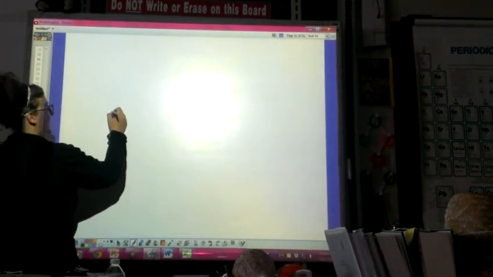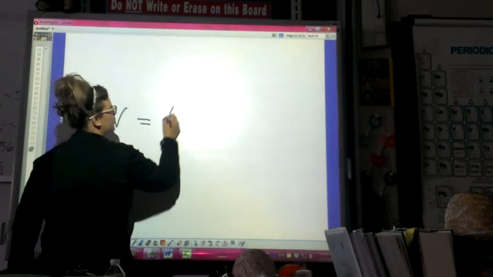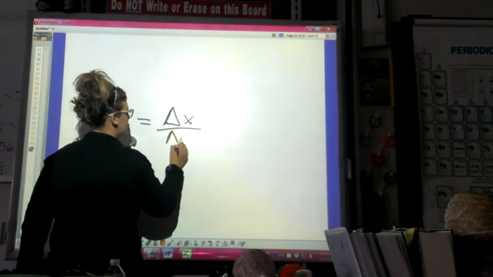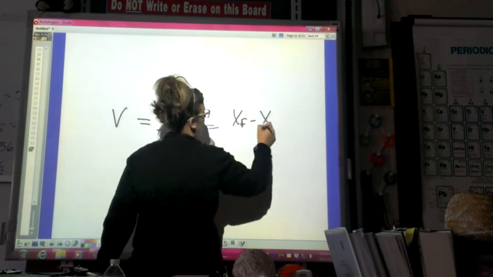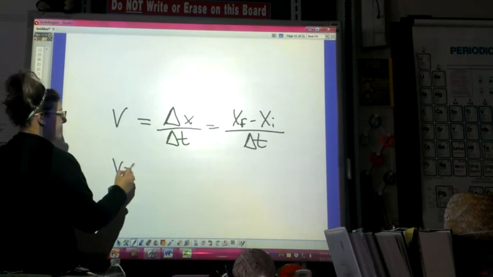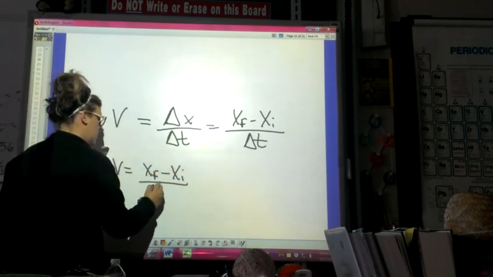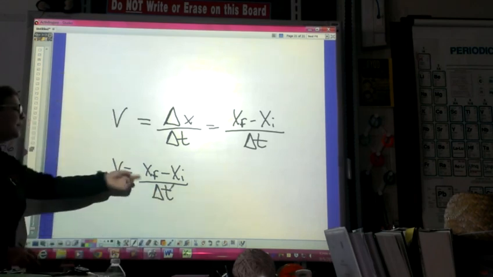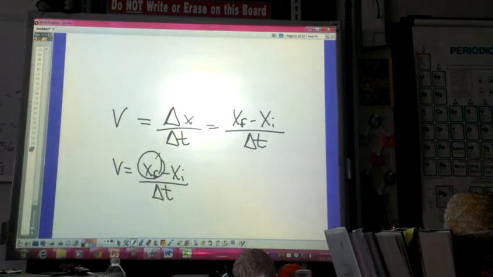Okay, so let's say my instantaneous velocity is equal to change in x over change in t, which is really just the final position minus the initial position over time. So let me rewrite that: v equals xf minus xi over delta t. I want to solve this for final position, because that's maybe what I want.